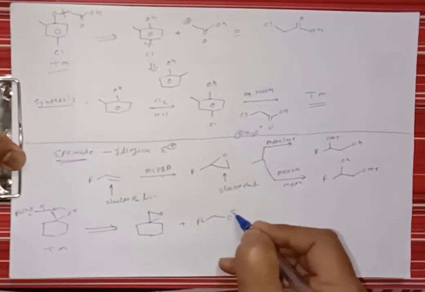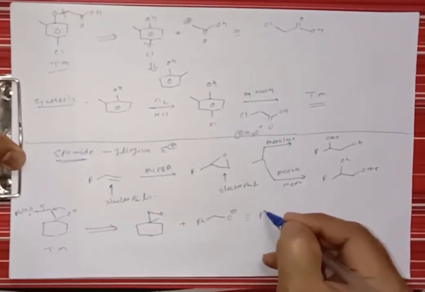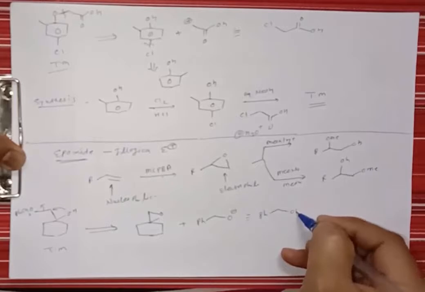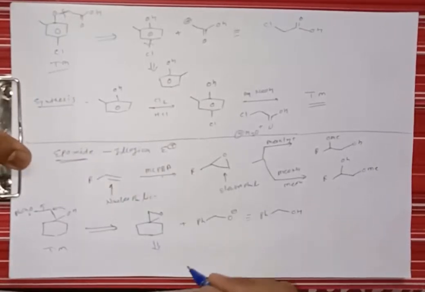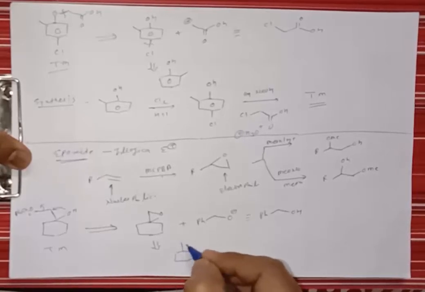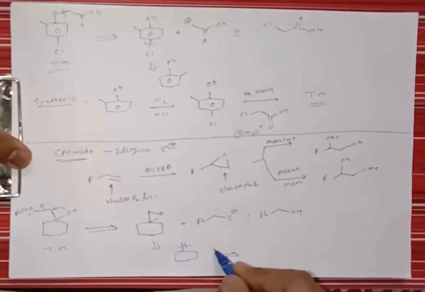The synthetic equivalent for this is PhCH2OH. And this molecule can be prepared by converting it into an olefin, because from the olefin we can get the epoxide. We can break this carbon-carbon double bond by a Wittig reaction.